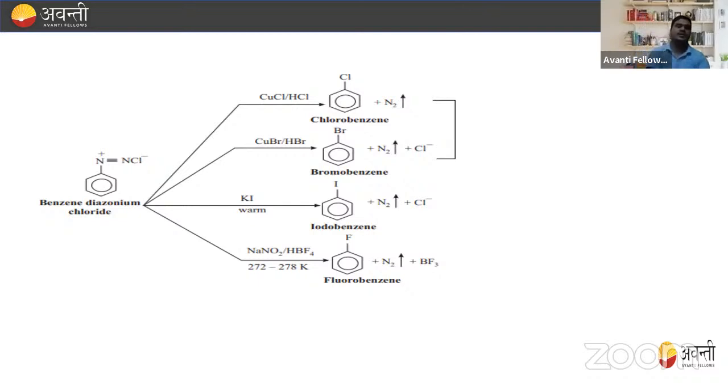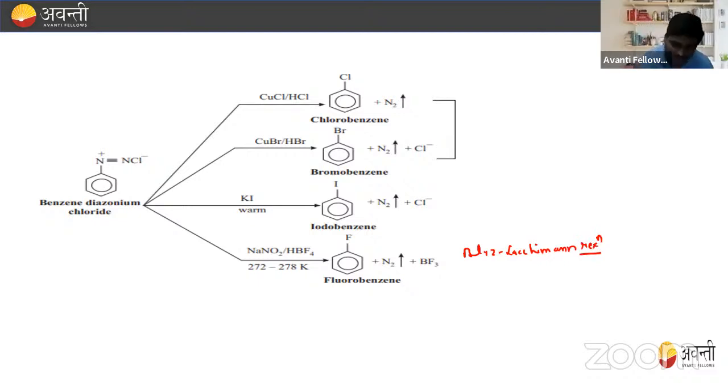Similarly, when you treat BDC with KI, you'll get iodobenzene. And last but not the least, this one is the most important, also known as the Balz-Schiemann reaction.